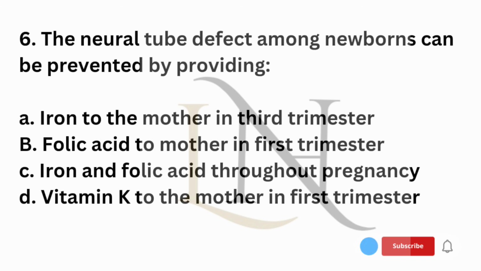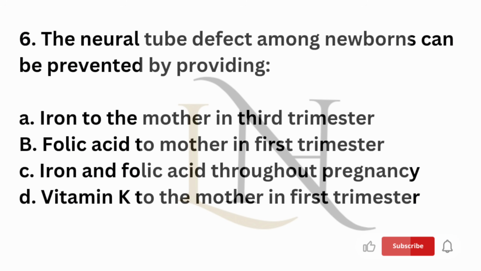Next question. The neural tube defect among newborns can be prevented by providing option A, iron to the mother in third trimester. Option B, folic acid to mother in first trimester. Option C, iron and folic acid throughout pregnancy.